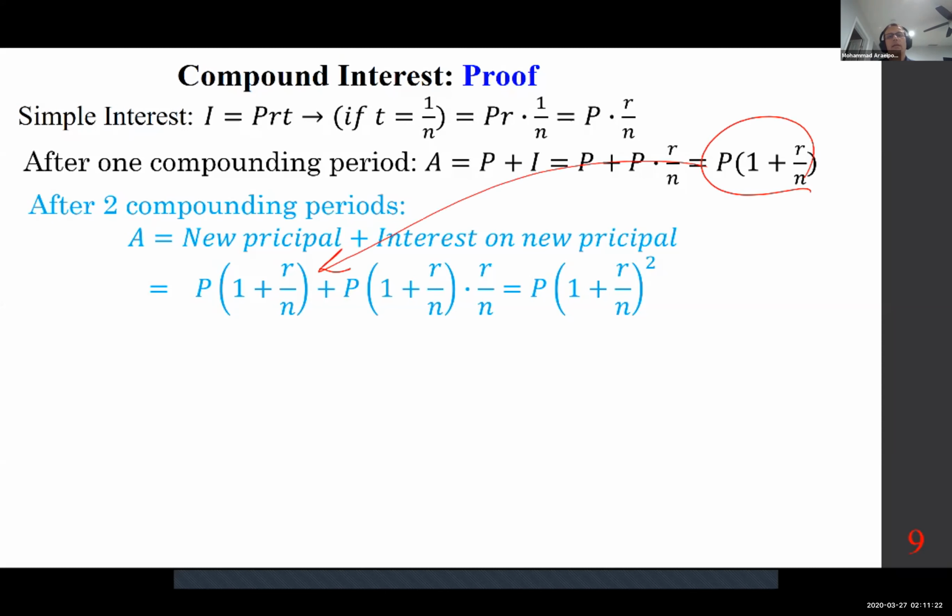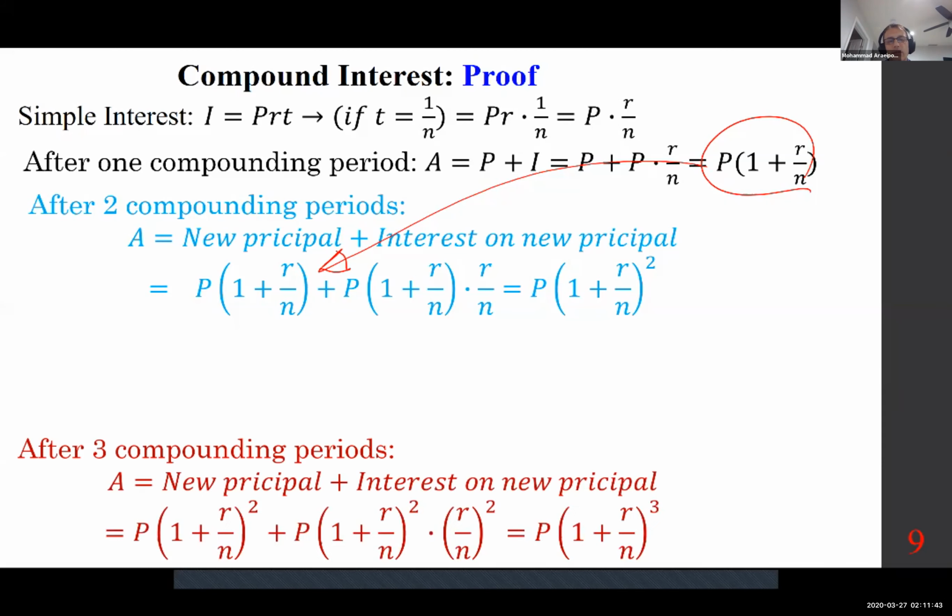Okay, and we are going to multiply it by R over N again. So when we do the factoring, we get R over N to the second power. If we continue with the process, we end up with this formula.